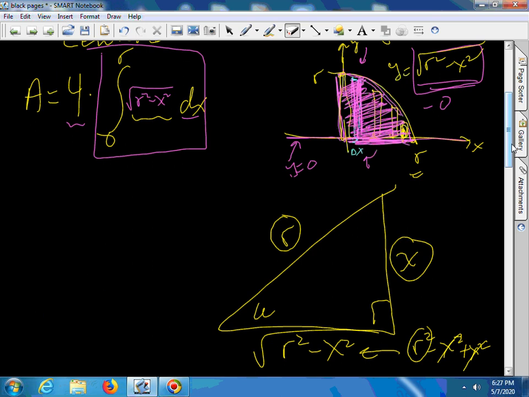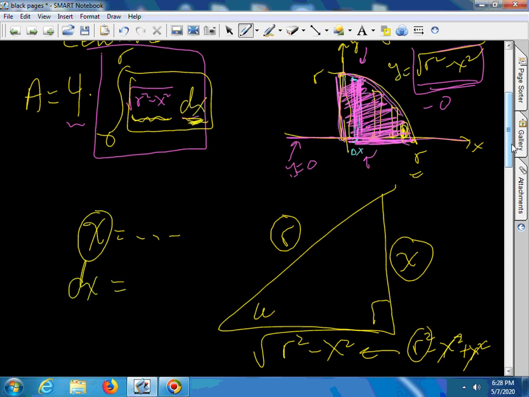Now, we want to rewrite everything here using u's. And need to find dx. Now, to find dx, it'd be really nice if I knew what x was. But whatever x equals, when I take the differential to the left side, I'll have dx equals the differential of the right side. That's my goal. So I look for the simplest trig function that involves x and say a number.